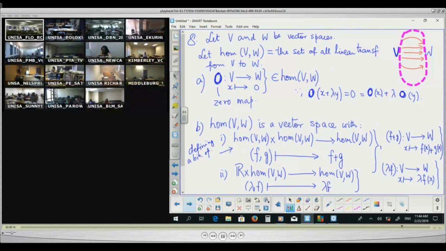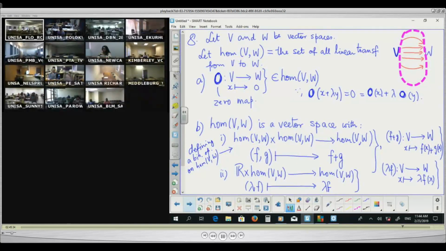So it should be a map from the Cartesian product of that set with itself into itself. So hom(V,W) cross hom(V,W), that's the Cartesian product, and the codomain should be hom(V,W).